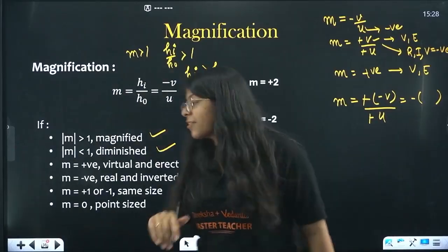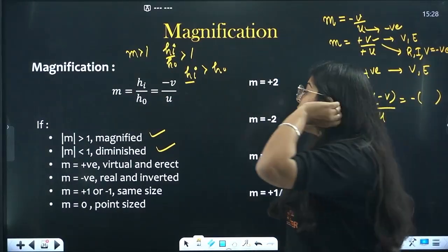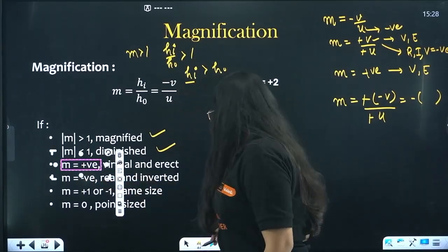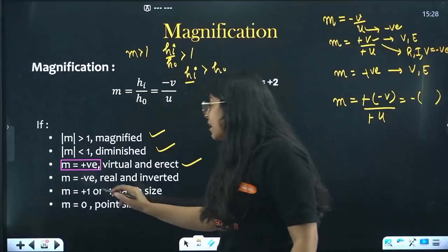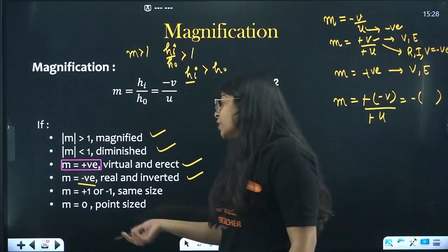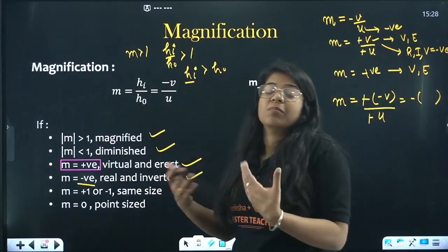If you don't want to remember this, it was just extra information. It simply means if magnification is positive, you have a virtual and erect image. If magnification is negative, you have a real and inverted image. If it is plus 1 or minus 1, it is of the same size. If it is 0, it means point sized.